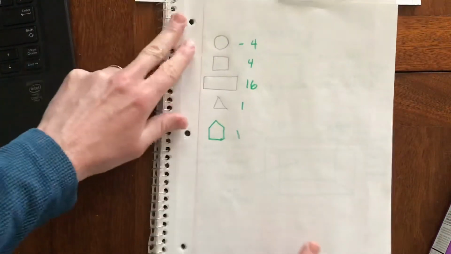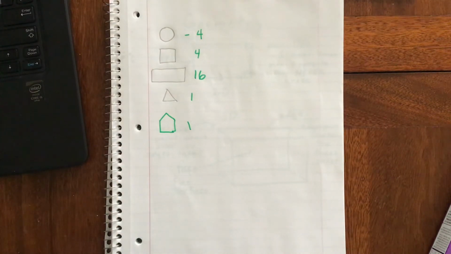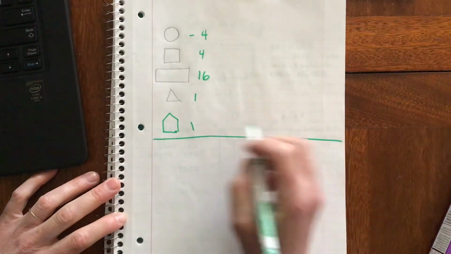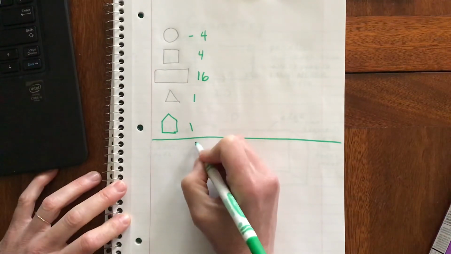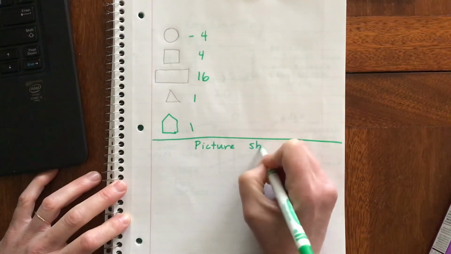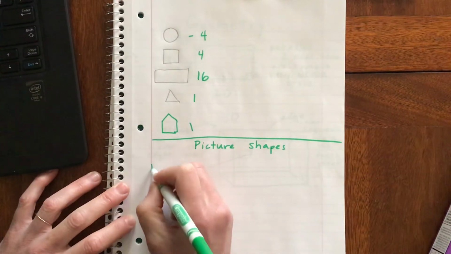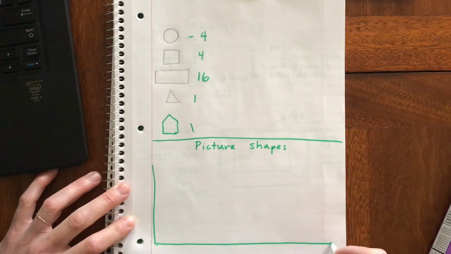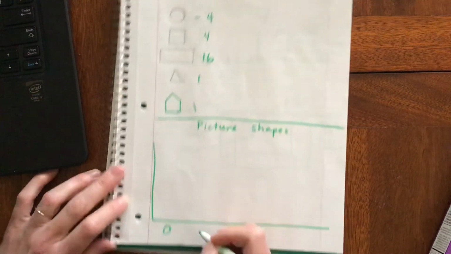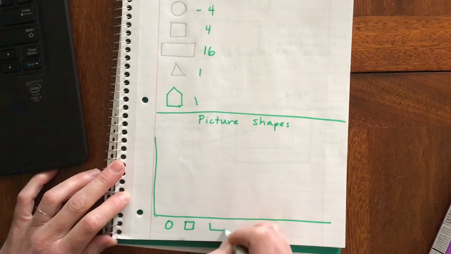Okay, so after I've done that, I can make myself a graph. I'm going to label my graph picture shapes. Now I can do circle. Whoop, move it up a little. Square. Rectangle.